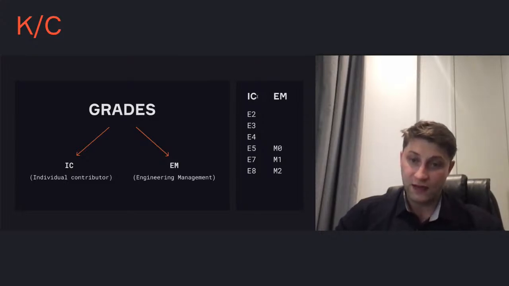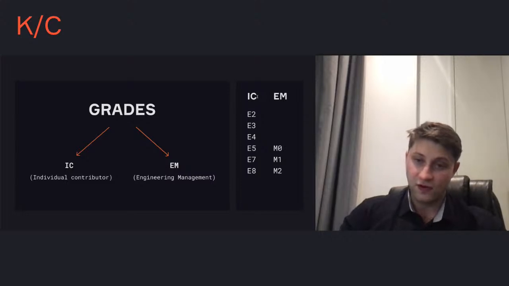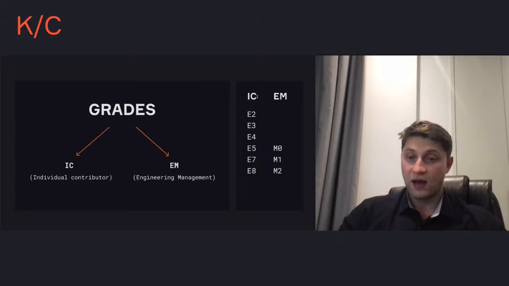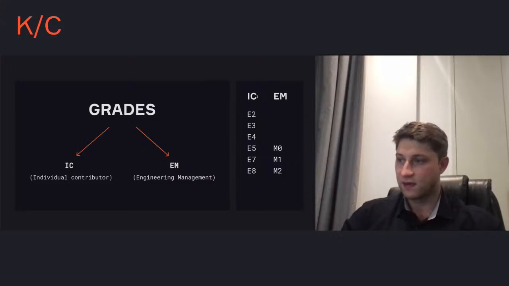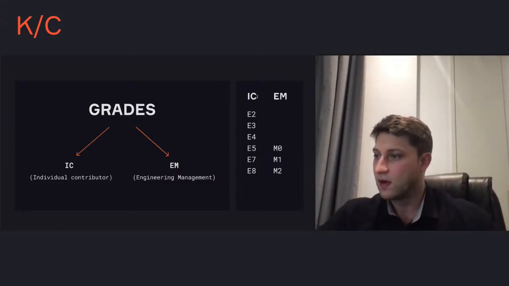And director, which is like E8, is an engineering manager counterpart, a person who manages senior managers and some senior individual contributors. So it's basically a very simple hierarchy, right? I mean, in that case, it's something which probably wouldn't surprise you very much.